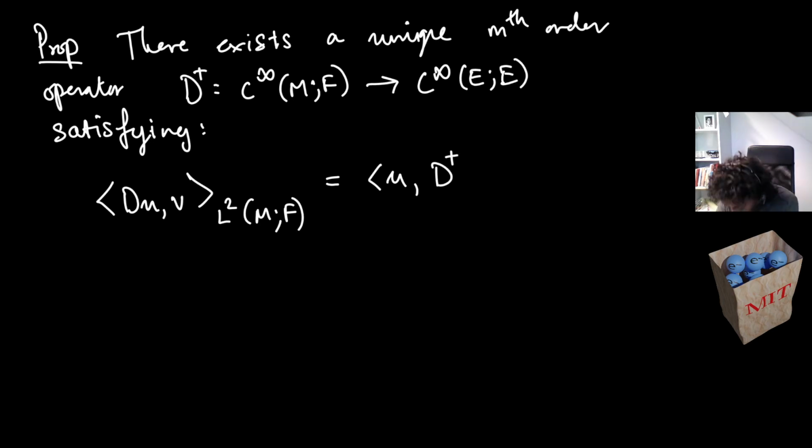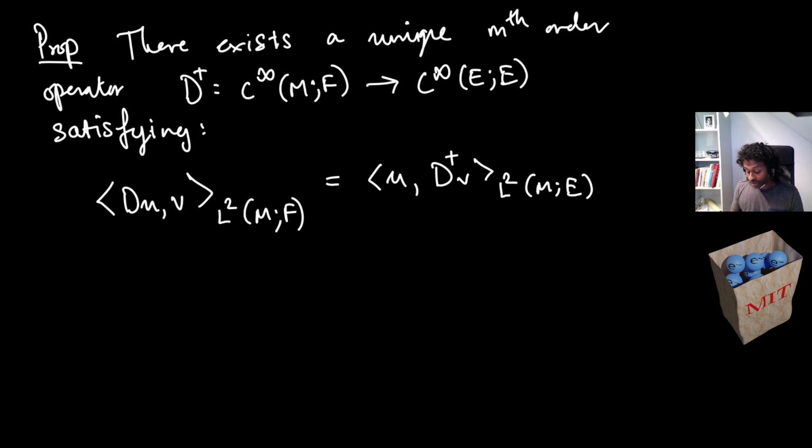So this is not a cross, it's a dagger. This is the L2 inner product on E now, right? Remember, D maps to F, so we're taking the inner product in F here.